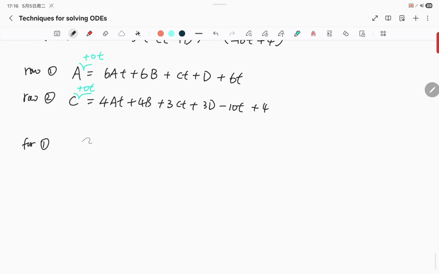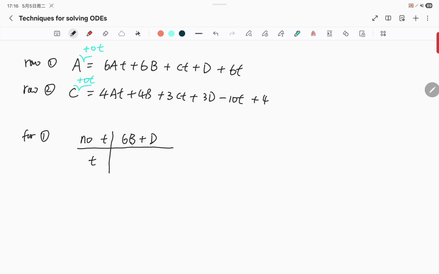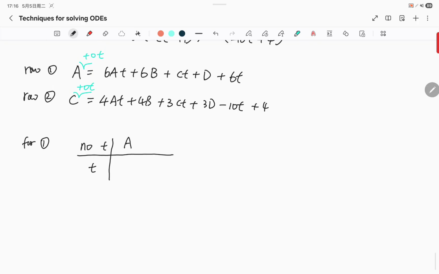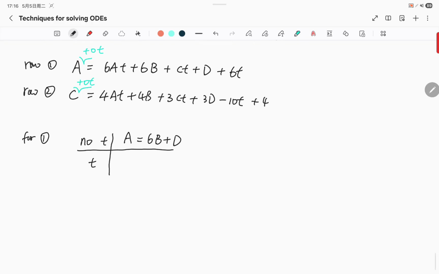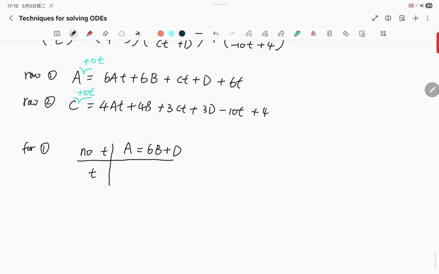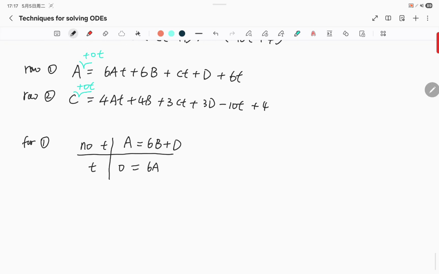With no t, a is equal to 6b plus d, and with t, we have 0, which is equal to 6a plus c plus 6. Let me double check.